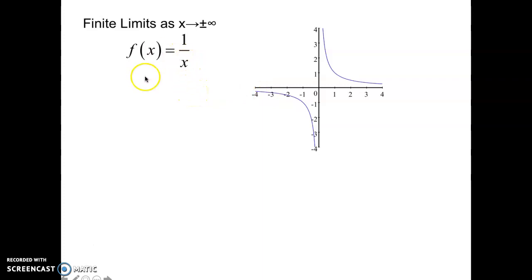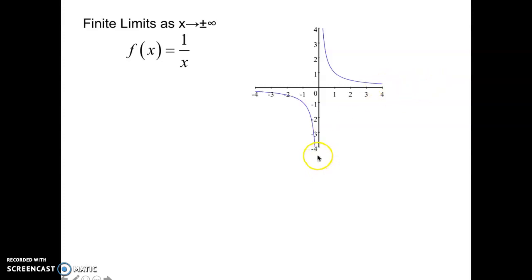infinity. Now I'm going to look at the classic rectangular hyperbola 1 over x and just look a little bit about this function here, first looking at its tail ends. As x approaches positive infinity, we notice that this hyperbolic function is tending closer and closer to an output, a y value, of 0.